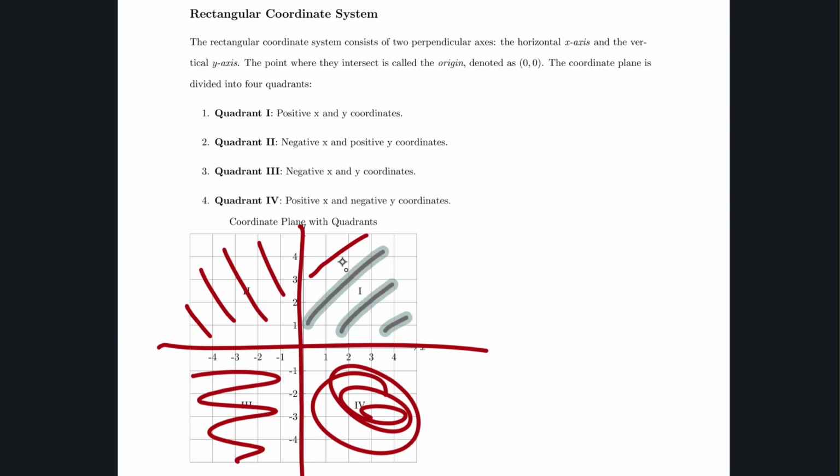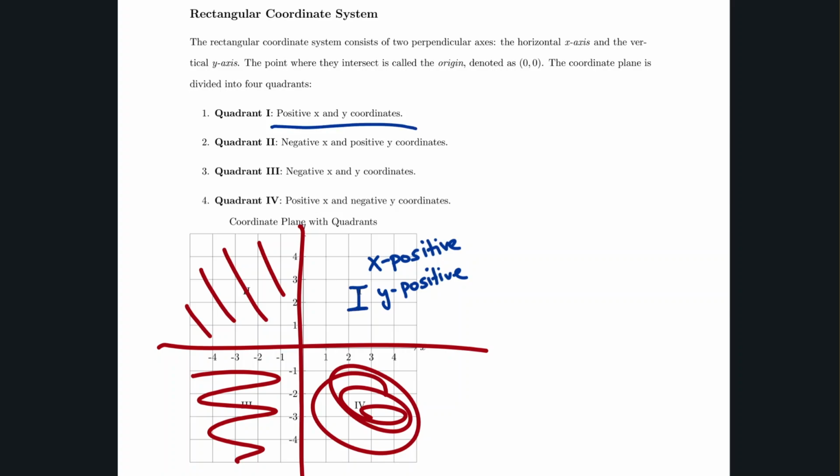So the name for this quadrant is quadrant 1, written in the Roman numeral. The thing to keep in mind here is in quadrant 1, the x coordinates are positive and the y coordinates are positive. And that's what it says here.